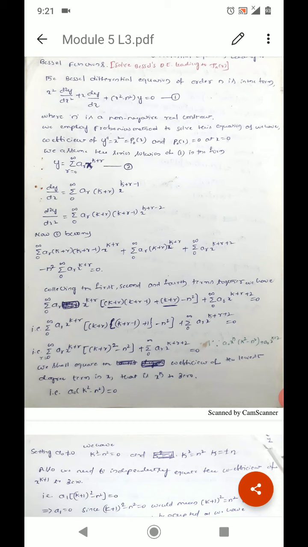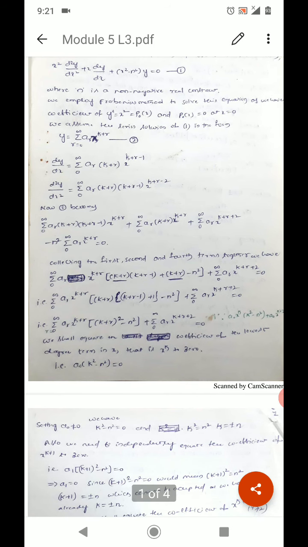By differentiating equation 2, we get dy by dx is equal to summation ar. Here the differentiation of x power k plus r is k plus r into x power k plus r minus 1. So this is in the form x power n. Differentiation of x power n is n into x power n minus 1.